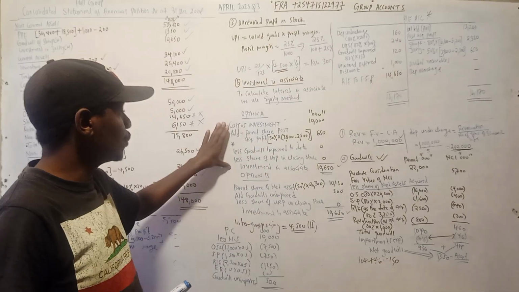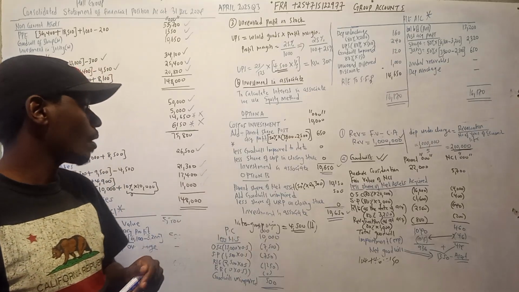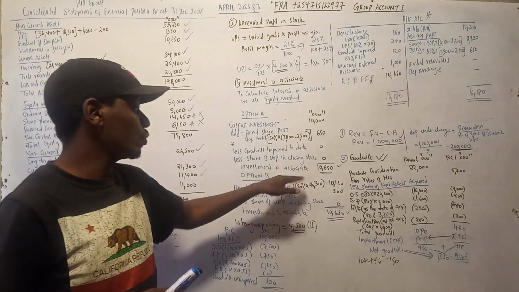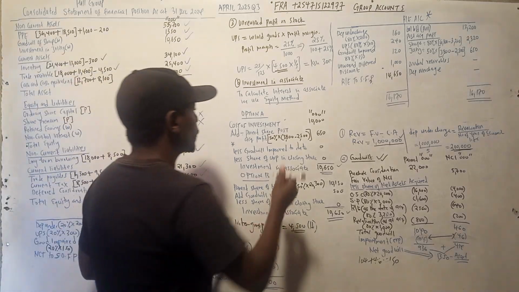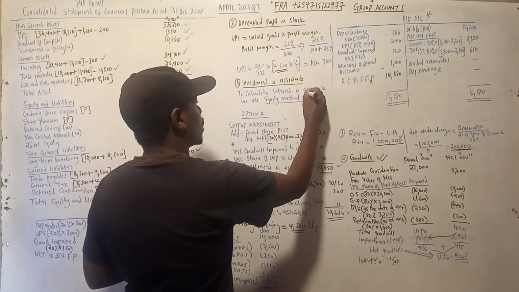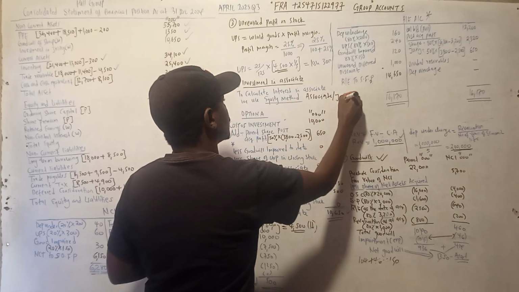That one is for the associate or the joint venture. It's using the same method, the equity method.